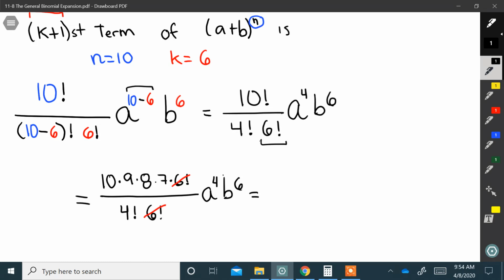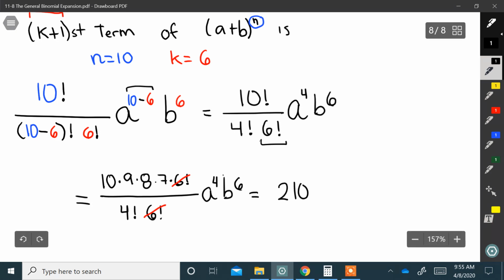So we got 10 times 9 times 8 times 7. That's 5,040. 4 factorial is actually 24. So we get 210. A to the 4th, b to the 6th.